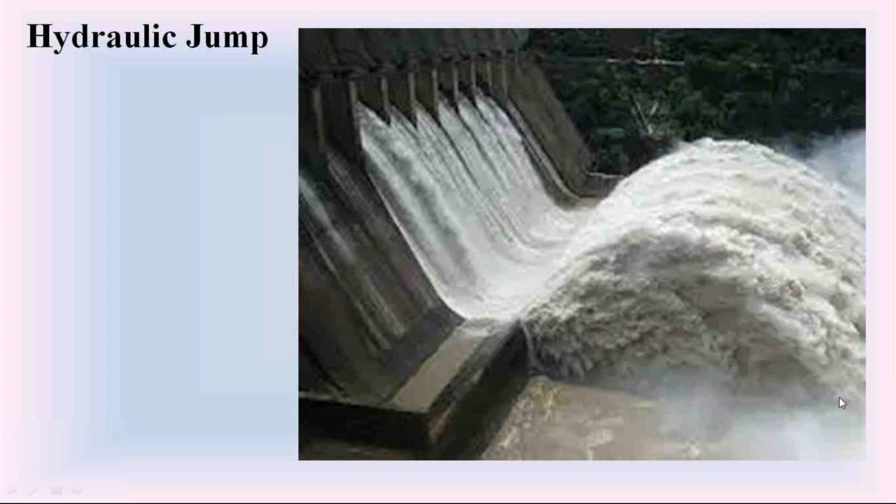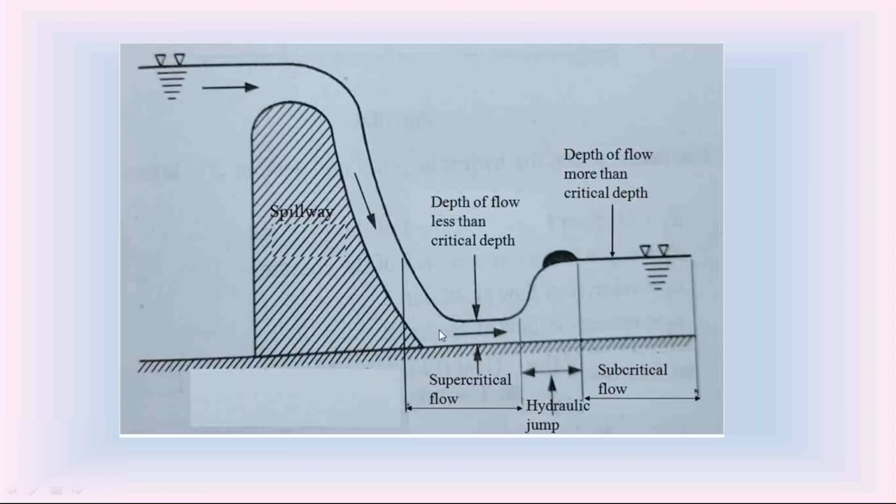So the hydraulic jump is forming at the downstream of the dam or at the bottom of the spillway due to the change in condition of water flow from supercritical condition to subcritical condition. This is entirely rapid varied flow, because over a short length the depth of water flow is changing abruptly.